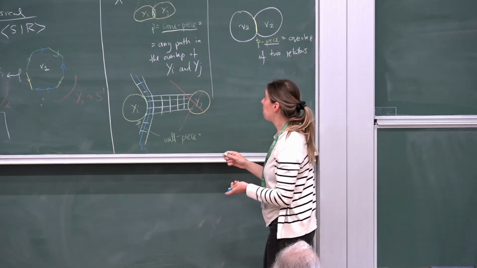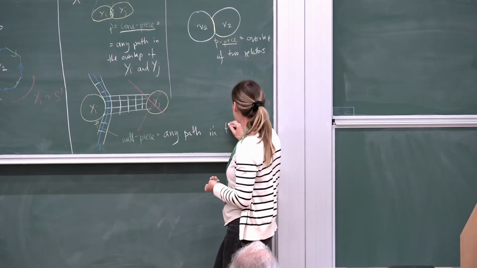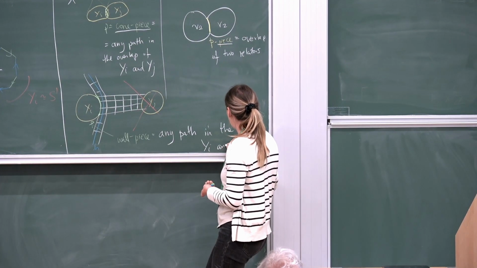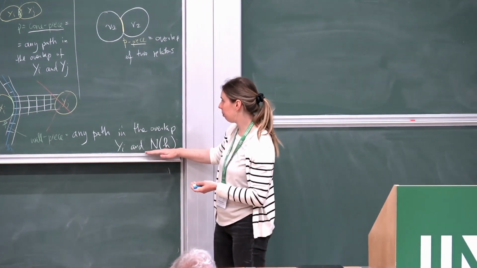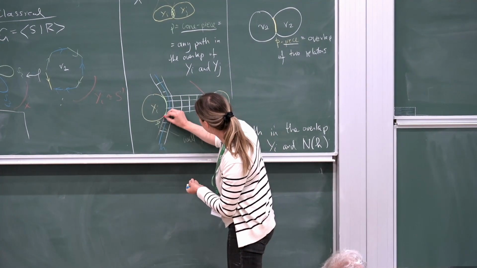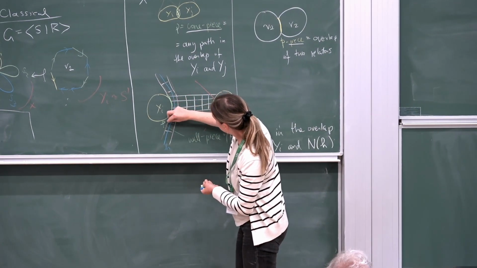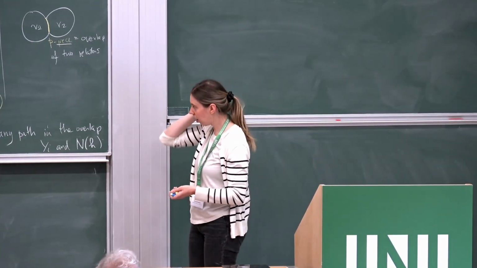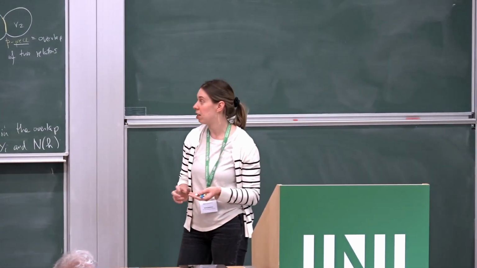So this is any path in the overlap of Y_i and the carrier of a hyperplane, N of h. This is N of h, the carrier of the hyperplane. And so this is the second type of pieces that I'm going to be considering.